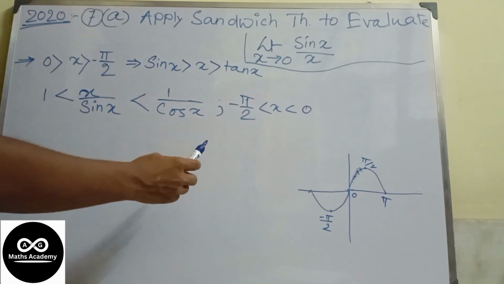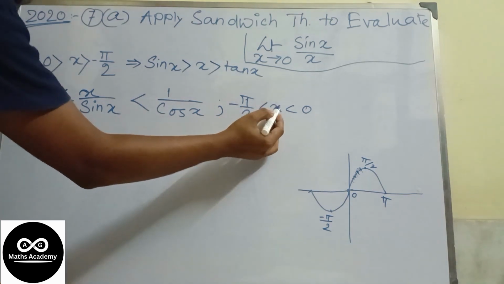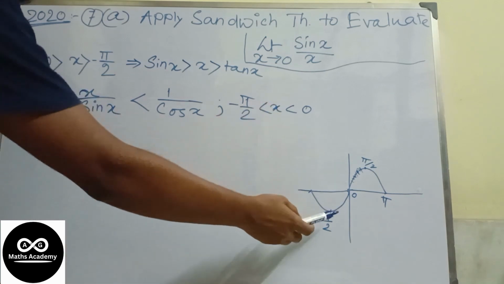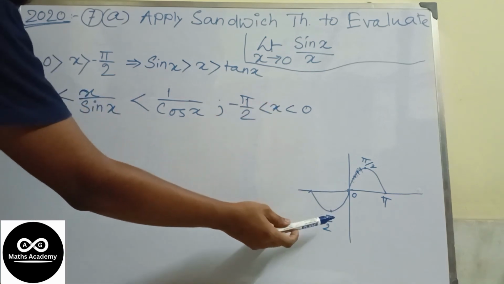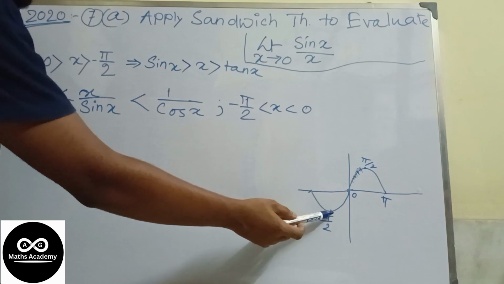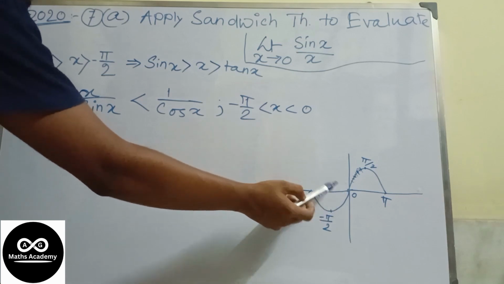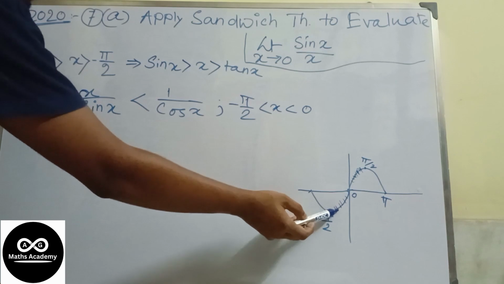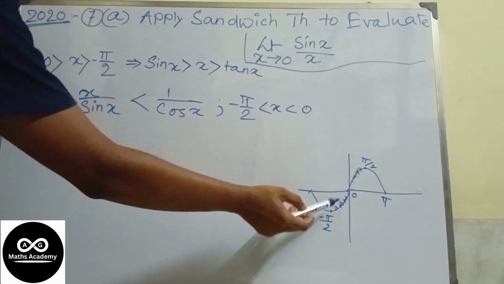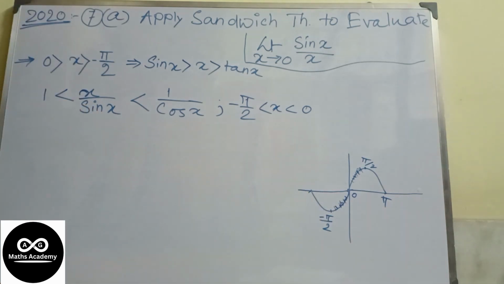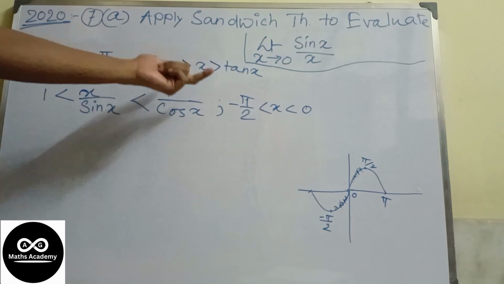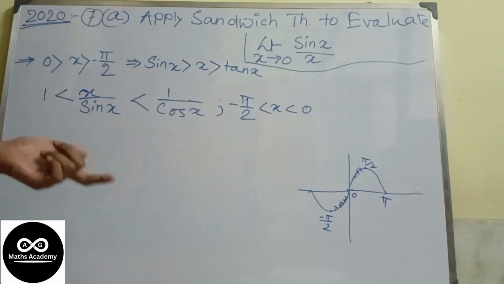Because for x in between minus pi by 2 and 0, you can see in the graph that for every value between minus pi by 2 and 0, the value of sin x is negative in this region. That's why, as we are dividing each term with a negative term, the inequality will change.